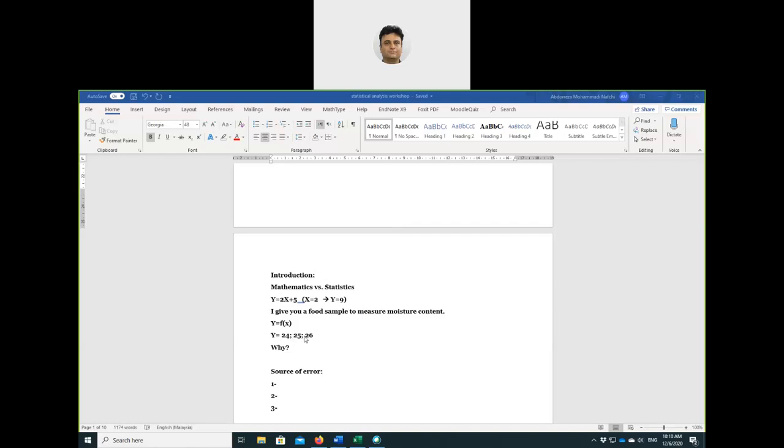I'm not sure that all of you will reach exactly one data point. Maybe one gives 24%, another person 25, another person 26. So here you can see we do not have a precise, single result for y.